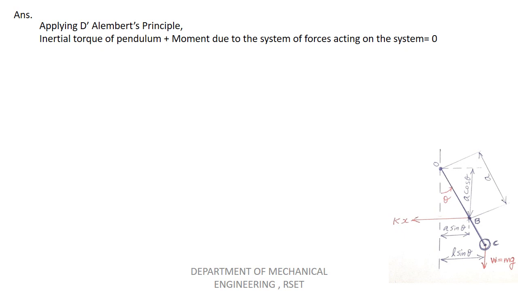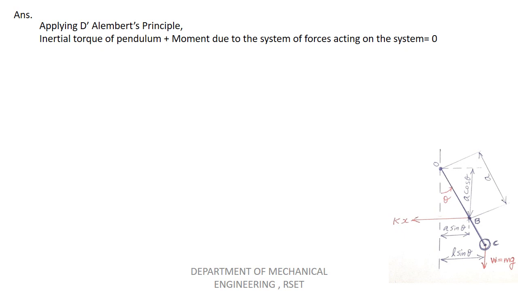By D'Alembert's principle, we can write this dynamic equation in a static form. That is, the net moment created by the system of forces acting on the system plus the inertial torque of the system is equal to 0. In Newton's second law, we defined that the rate of change of angular momentum is equal to the net torque.